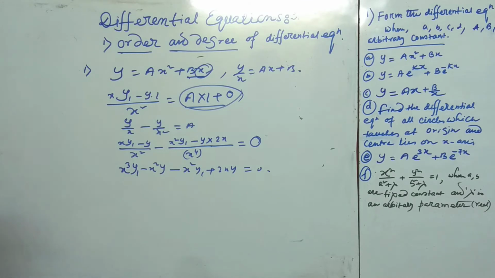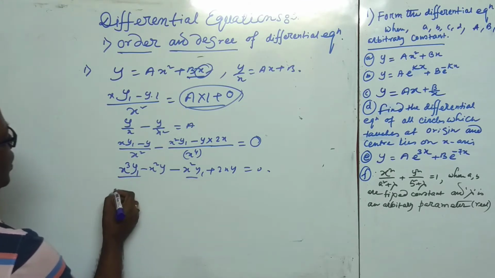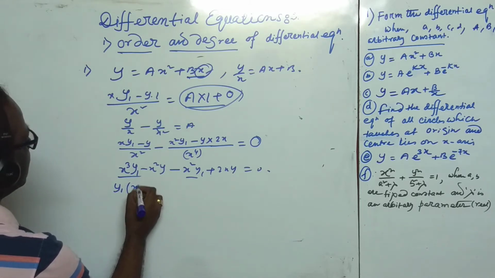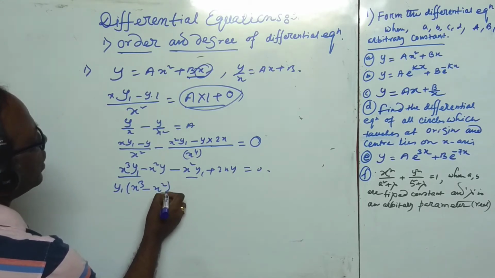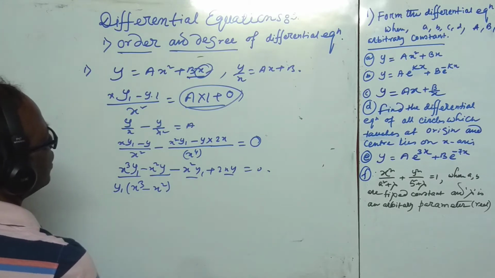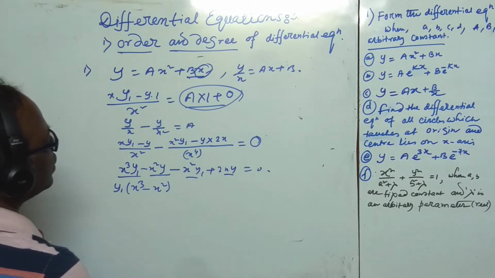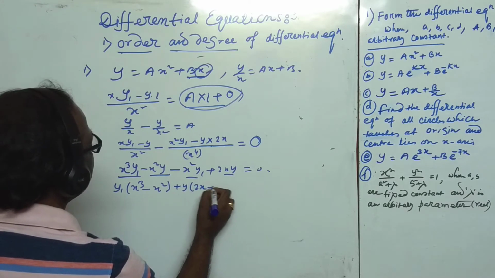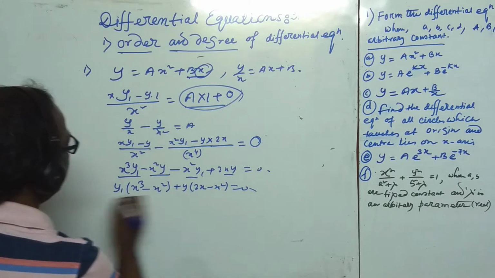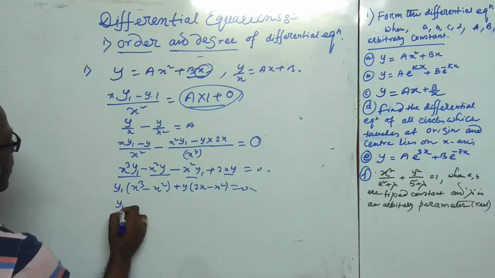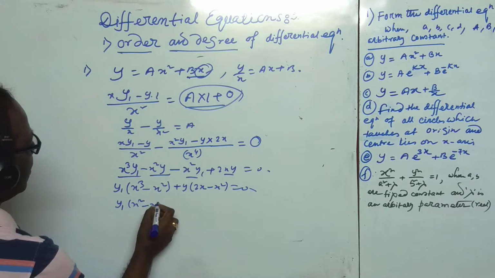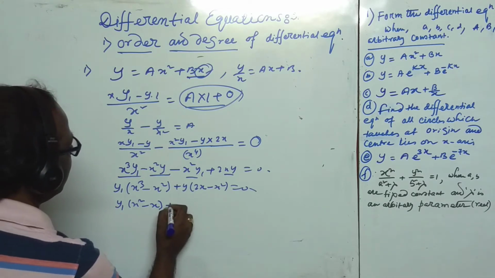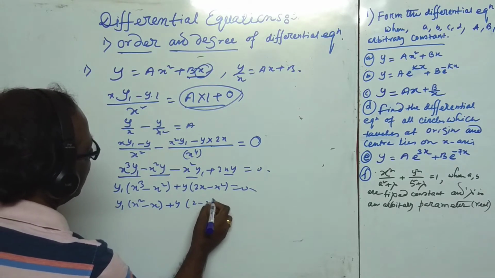Okay, we have taken y1, then x cube minus x square here, I have taken the common y, 2x minus x square equal to 0, dividing by x, y1 x square minus x square minus x plus y into 2 minus x is equal to 0.